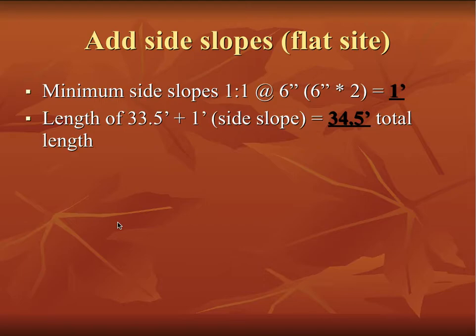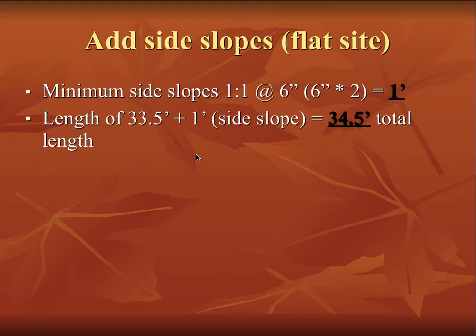Next, to complete that length, we'll need to take into account the side slopes that we're going to have on the edge of our drain field or our Oscar system. So our side slope ratio that's required is a minimum of a 1-to-1 ratio. Now with 6 inches of sand, that 1-to-1 slope is going to bring that side slope on each side out another 6 inches.